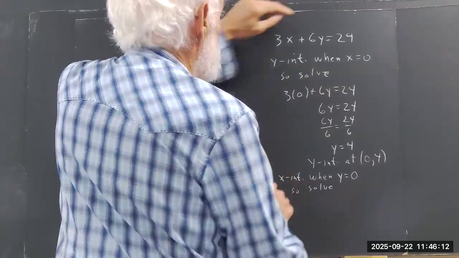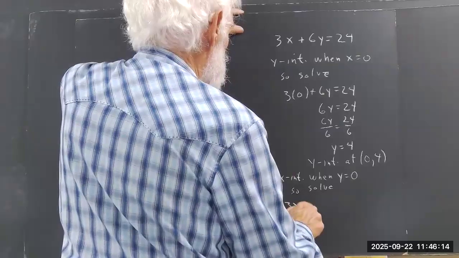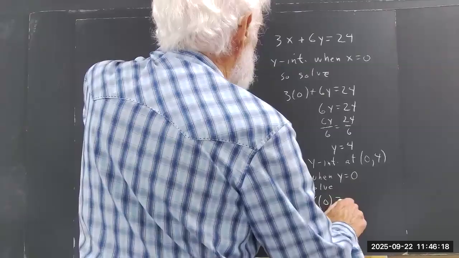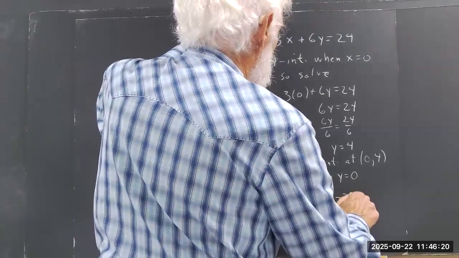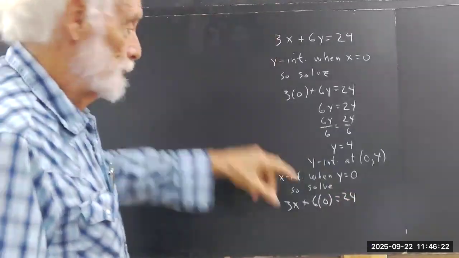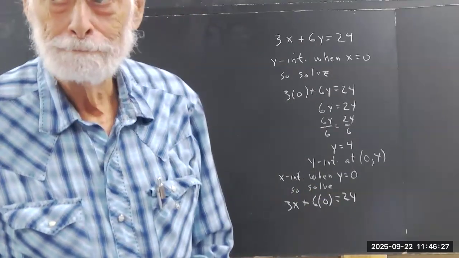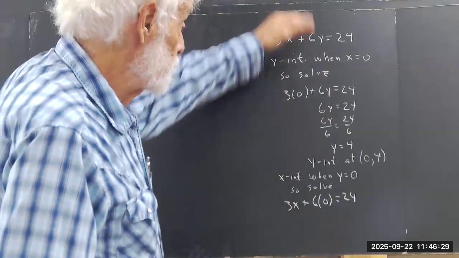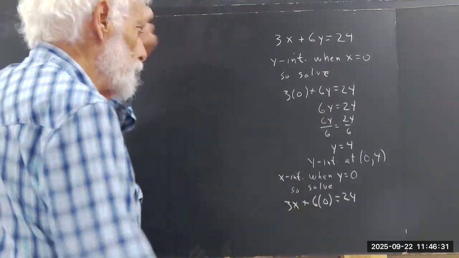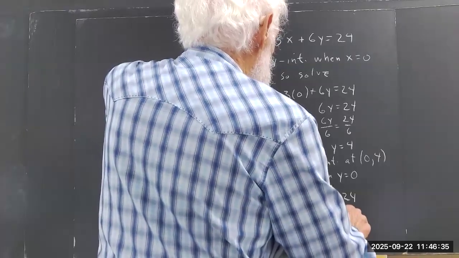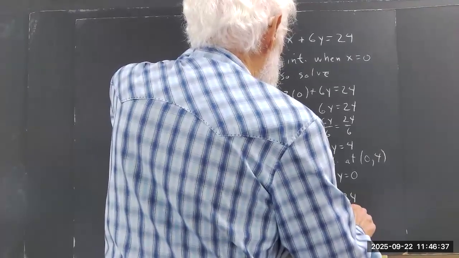When y equals 0, we plug in here, we get 3x plus 6 times 0 equals 24, not 0. Once I got that 0 in my head, I wrote down another one. Okay, makes sense? This matches this with y set equal to 0, and we easily solve this. That gives us 3x equals 24.